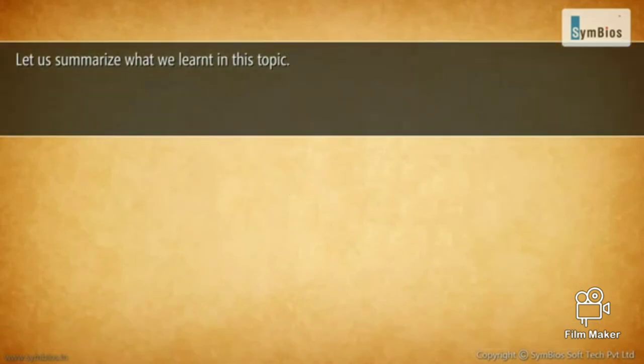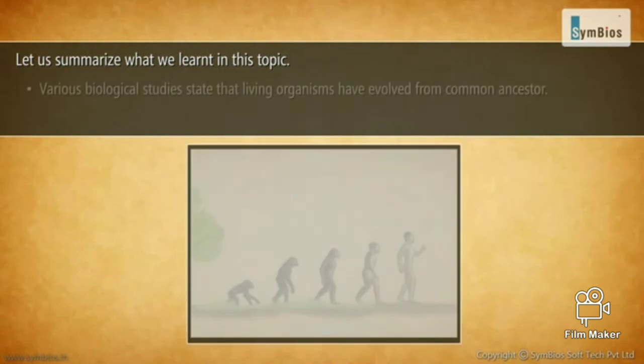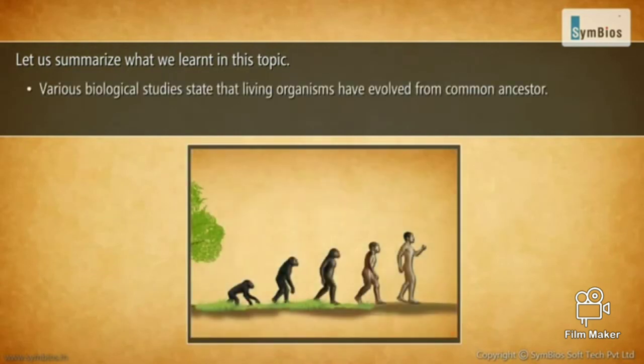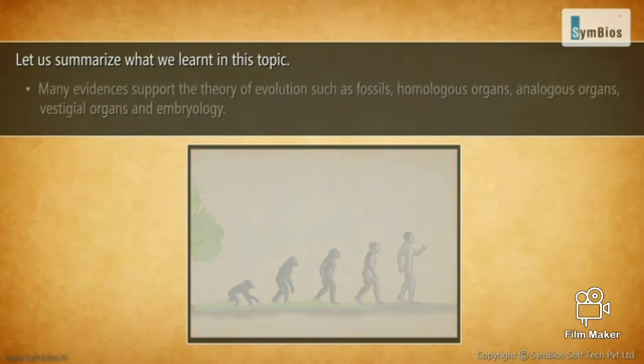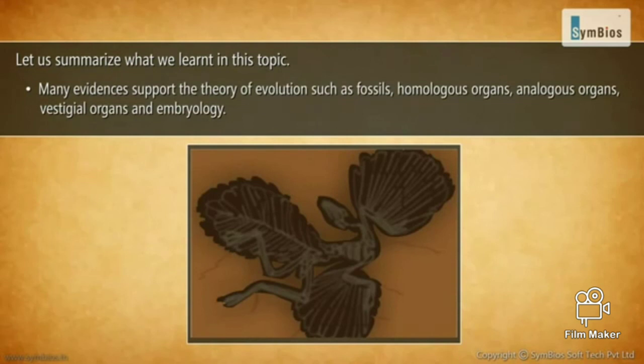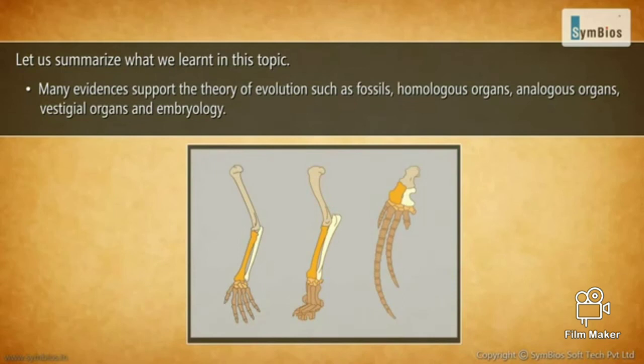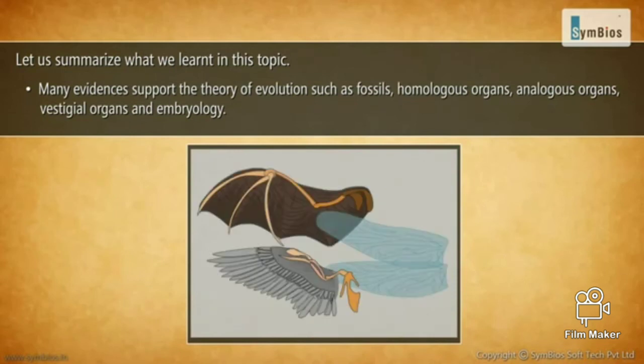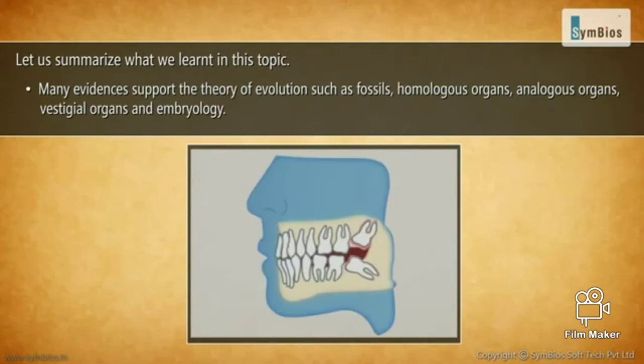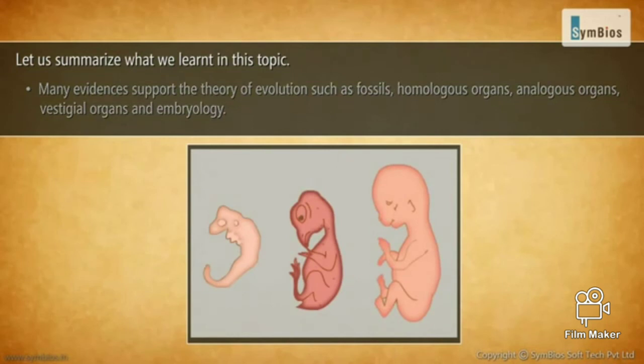Summary. Let us summarize what we learned in this topic. Various biological studies state that living organisms have evolved from a common ancestor. Many evidences support the theory of evolution, such as fossils, homologous organs, analogous organs, vestigial organs, and embryology.